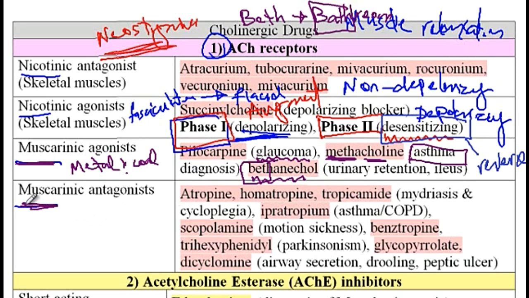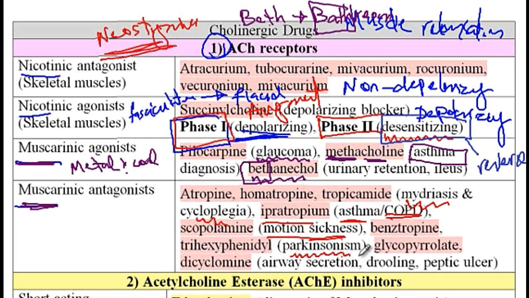The next classes of medications are muscarinic antagonists like atropine or tropicamide, which are causing mydriasis and cycloplegia for ophthalmic purposes, ipratropium, which is used for the treatment of asthma and COPD, and scopolamine, which is used for motion sickness, so it prevents nausea in patients that are developing motion sickness. Benztropine and trihexyphenidyl are for the treatment of Parkinson's symptoms.